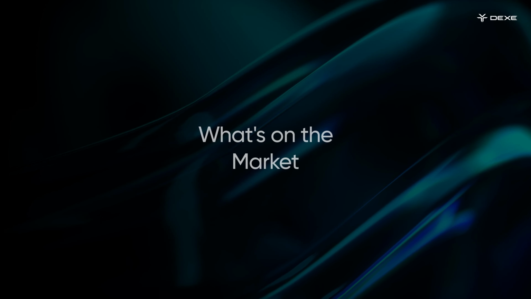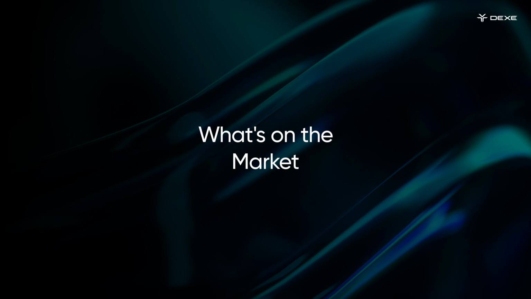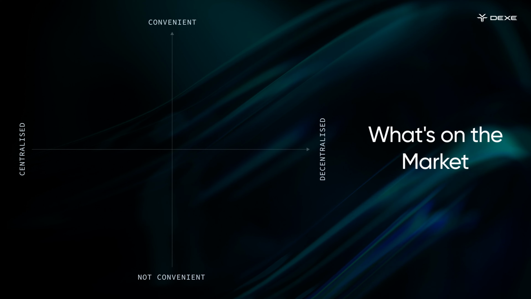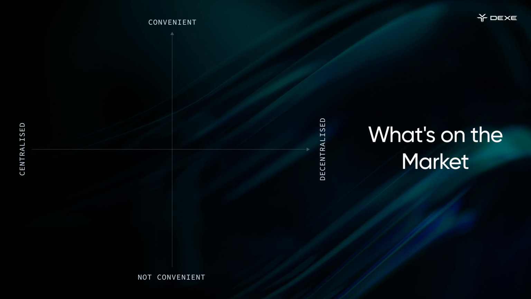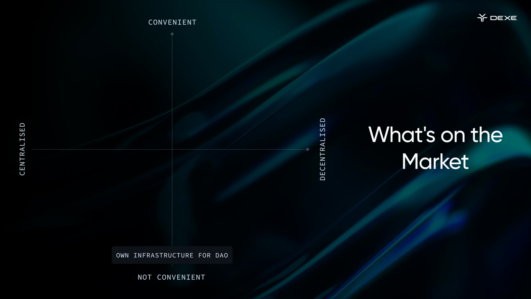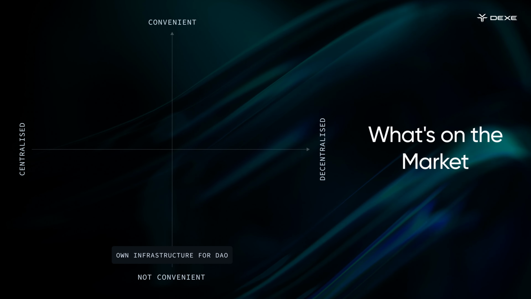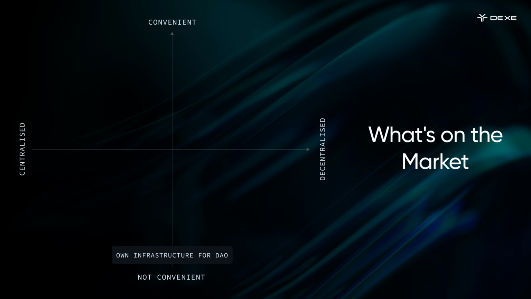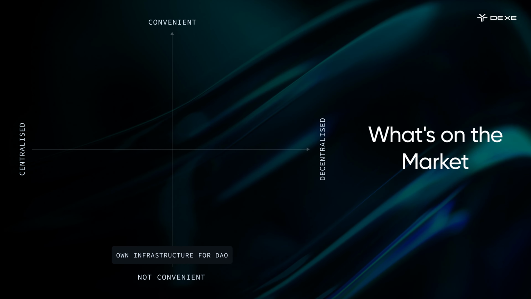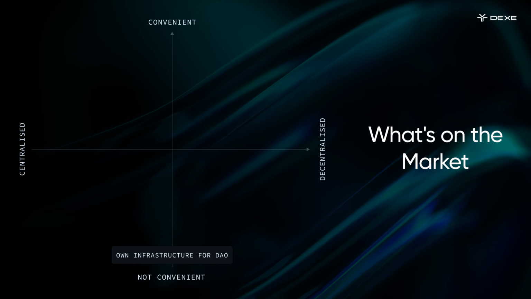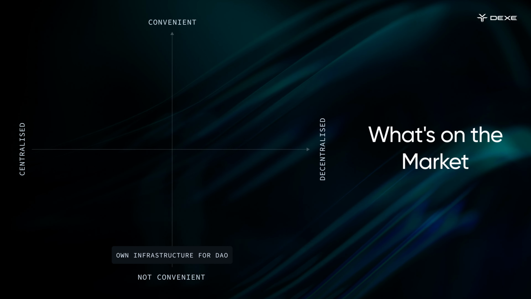Let's draw a quadrant with convenience and decentralization axes for contributors and holders. Custom contracts will obviously occupy the space at the bottom, as they are resource-intensive, not the most convenient, and not functional. In addition to your main product, you'll also have to construct a second one, an infrastructure for the DAO.